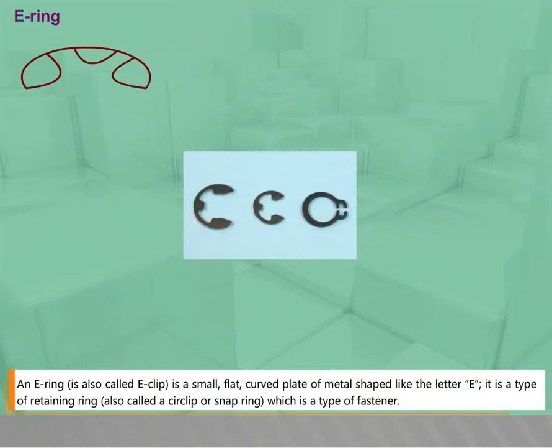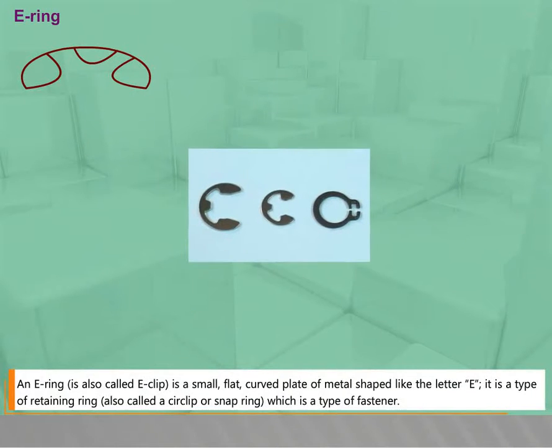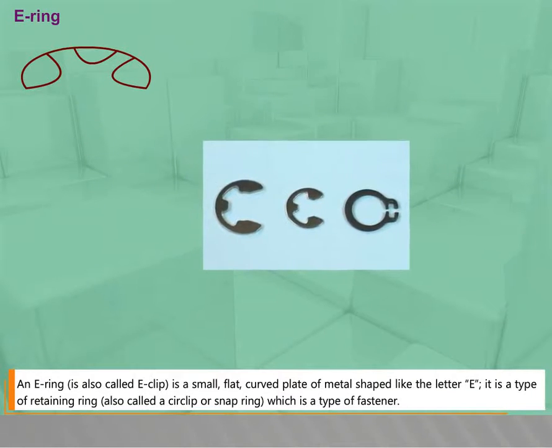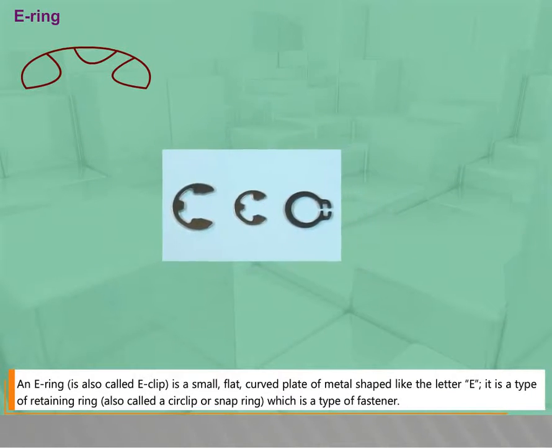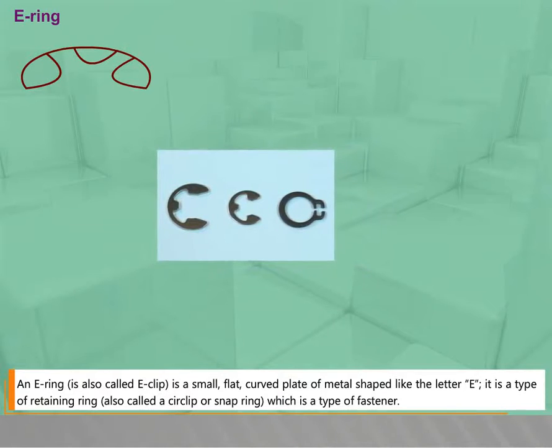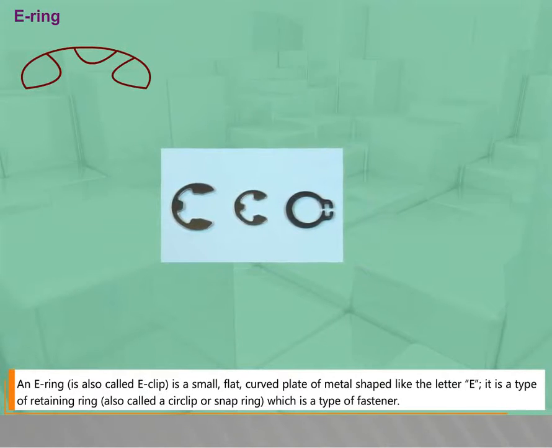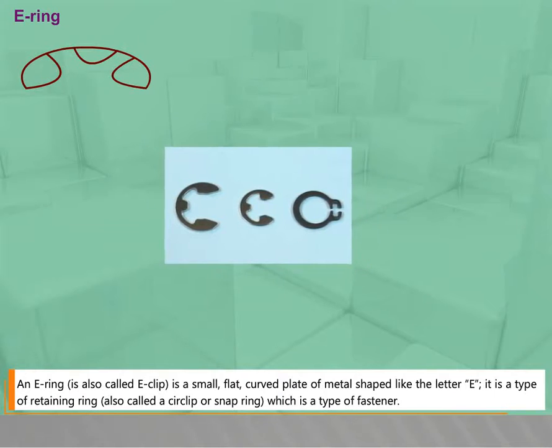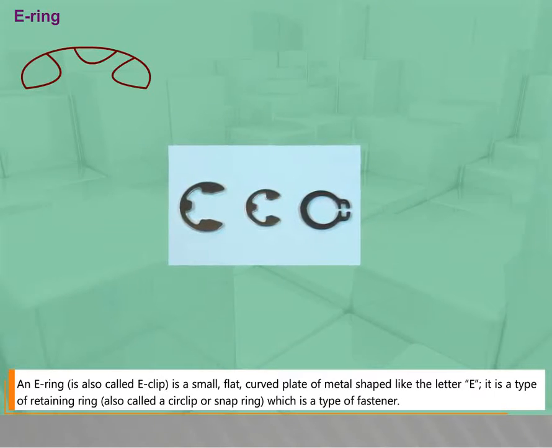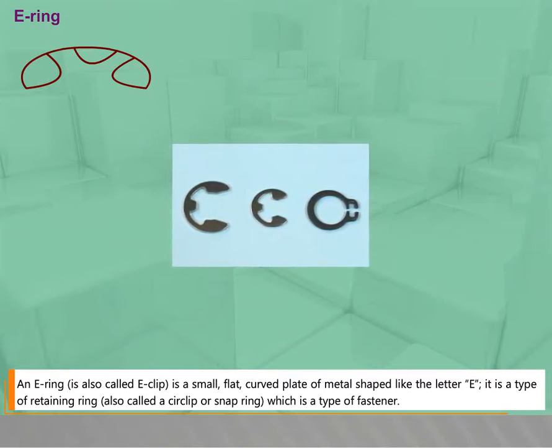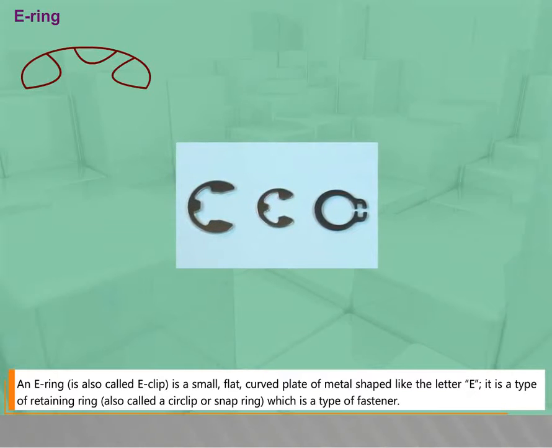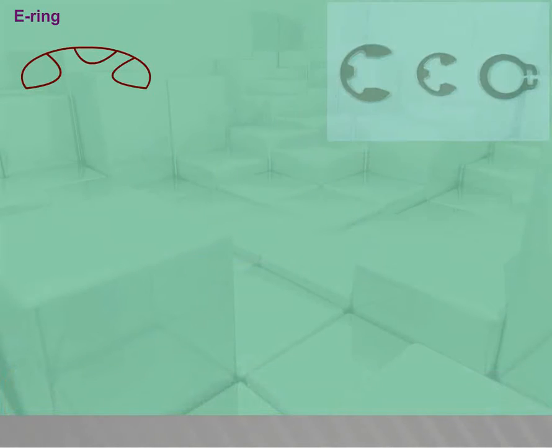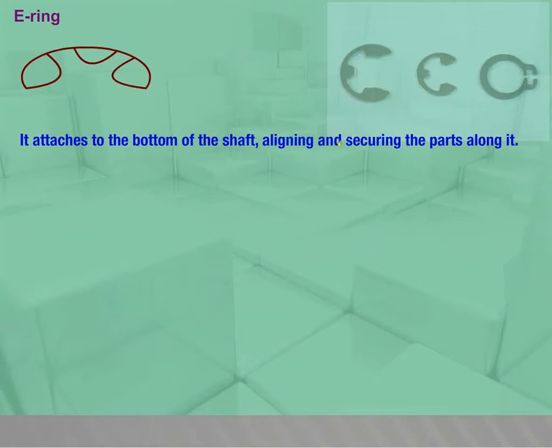E-ring. An E-ring, that is also called E-clip, is a small, flat, curved plate of metal shaped like the letter E. It is a type of retaining ring, also called a circlip or snap ring, which is a type of fastener. It attaches to the bottom of the shaft, aligning and securing the parts along it.